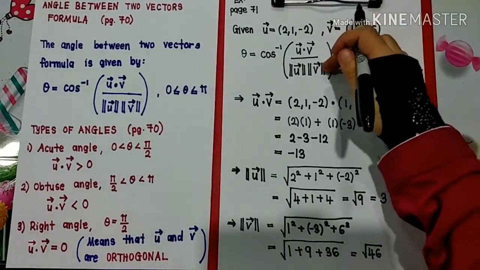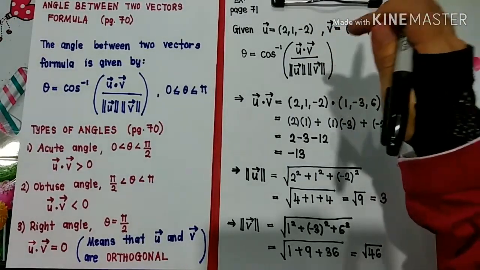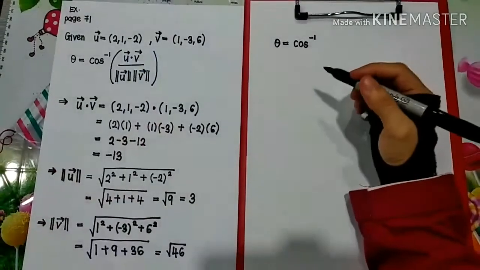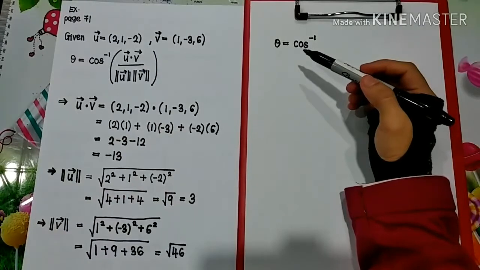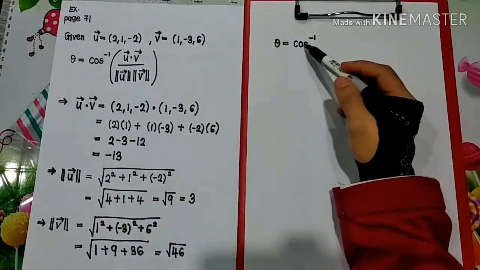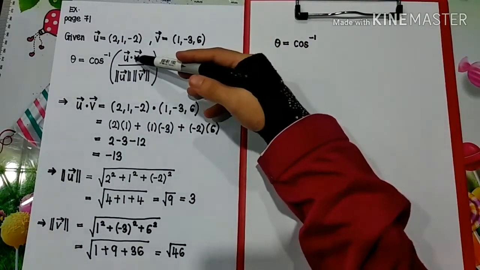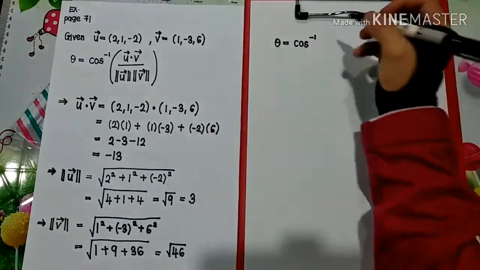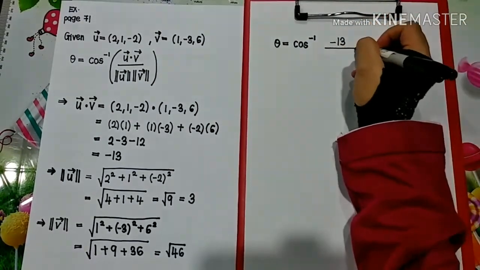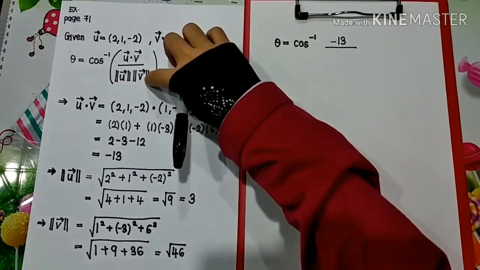So we have all the information to find the angle. Next, we substitute into theta, then we can get the angle. We compute the angle between u and v. Arc cos, referring to the formula, u dot v, which equals negative 13, divided by the magnitude of u multiplied by the magnitude of v.